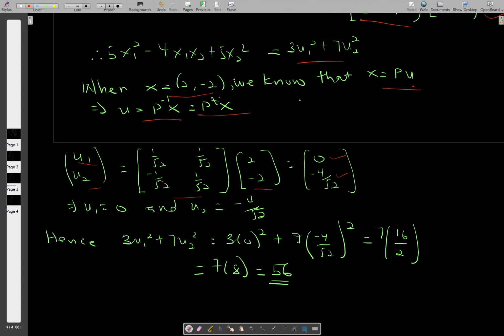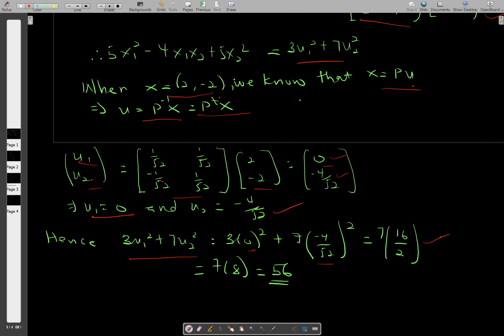It means that u1 equals 0, and u2 equals negative 4 over root 2. And therefore 3u1 squared plus 7u2 squared, so we substitute our values of u1 and u2 into this. So we get 3 times 0 squared plus 7 times negative 4 over root 2, squared.